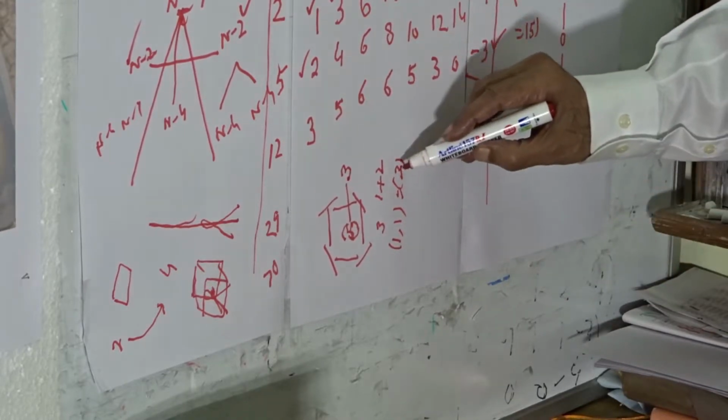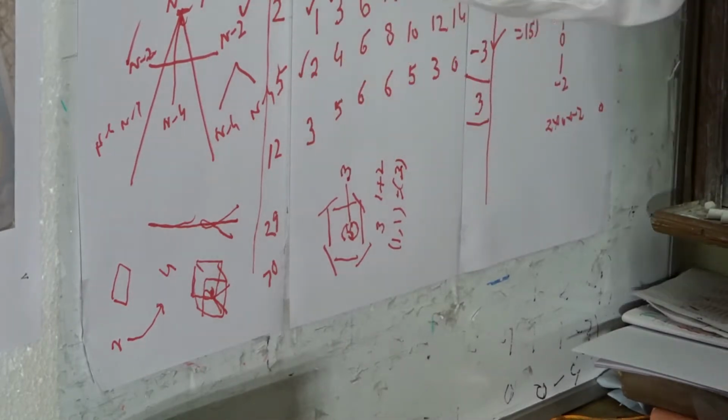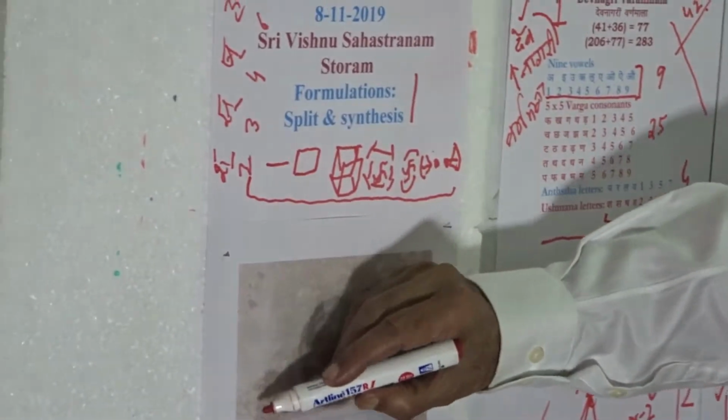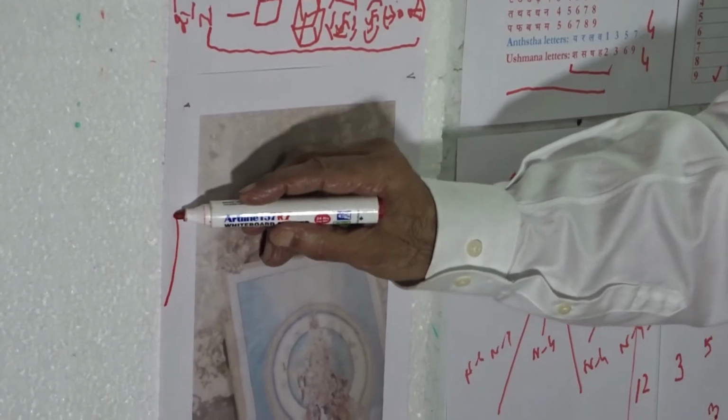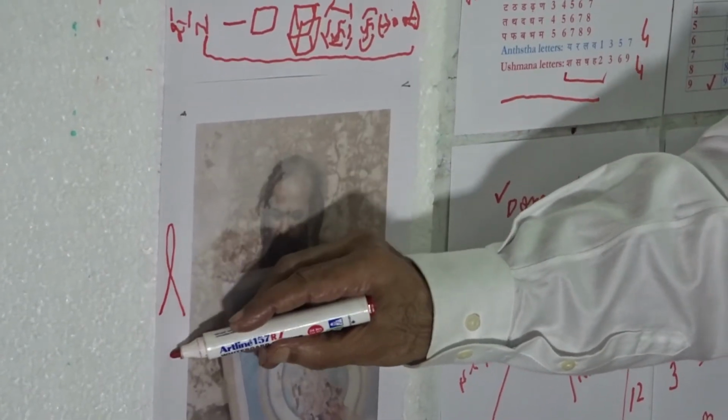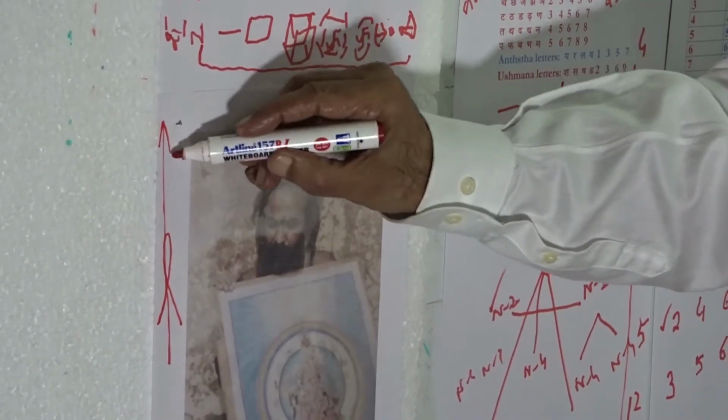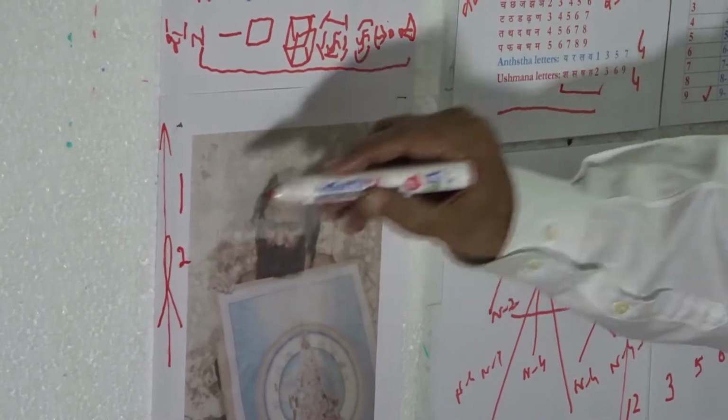From here we see that the Ushmana letter SHA is a spatial order superimposed upon the linear order, leading us to value 3.